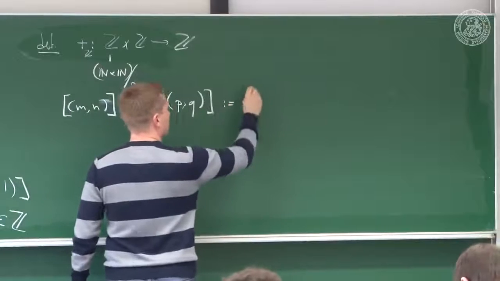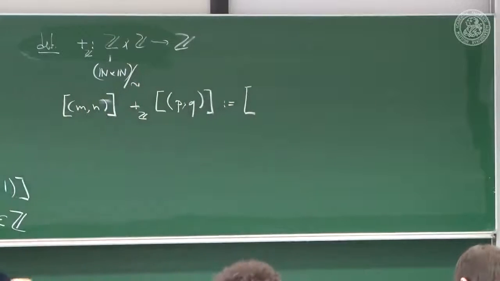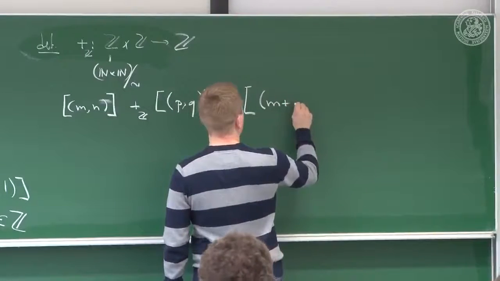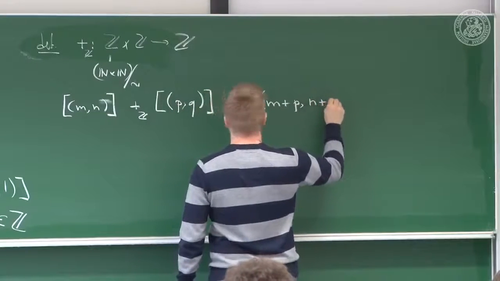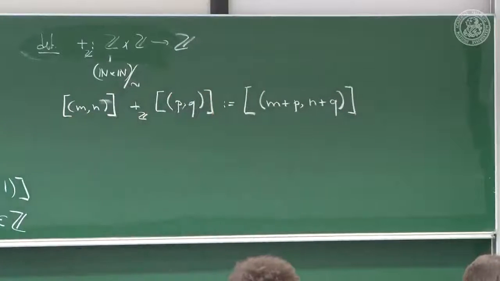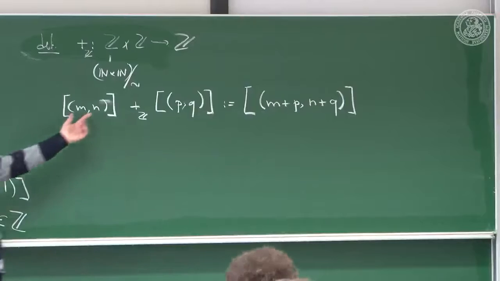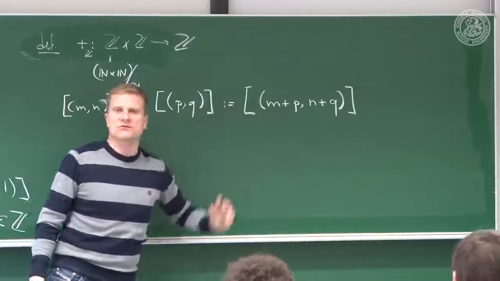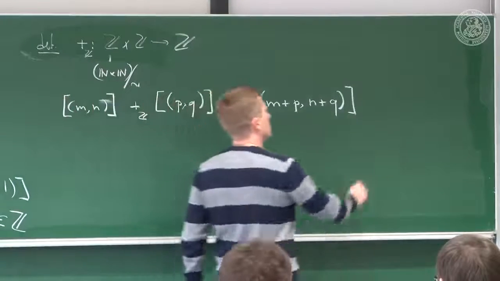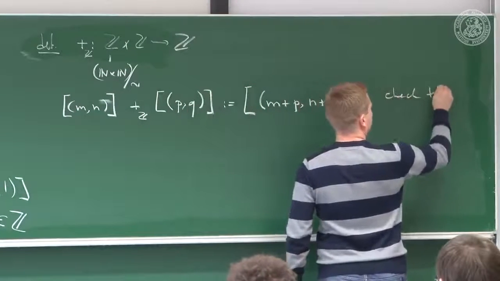And now we need to define this using only the addition on N that we have. And let's be courageous. This is very likely (m plus p, n plus q). This is the addition. And what do we do? We use the representatives to define this operation. So we need to check that this is well defined.